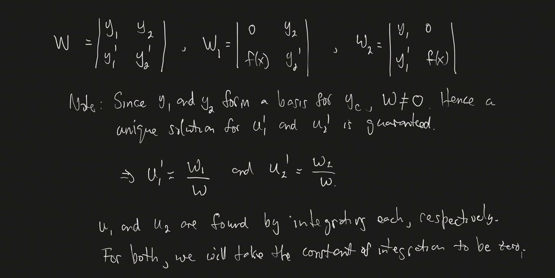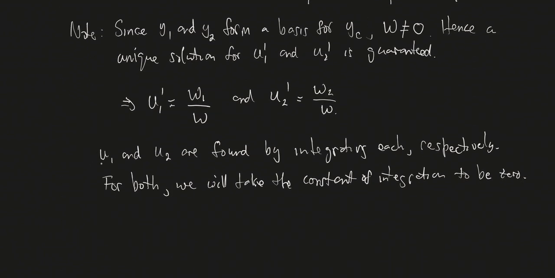All right. And then once we find u1 and u2, we'll be able to find y sub p. And y sub p is constructed, it's almost like we're building this function, using this formula. You take the u1 that we just found and multiply by y1 in our fundamental set, and then add to that u2 that we just found multiplied by the second function in our fundamental set.